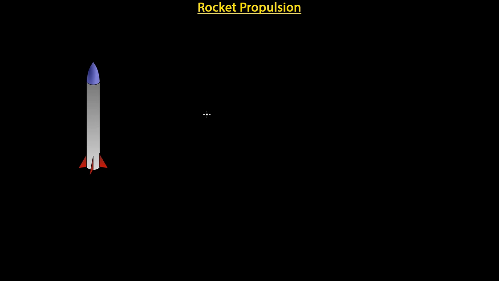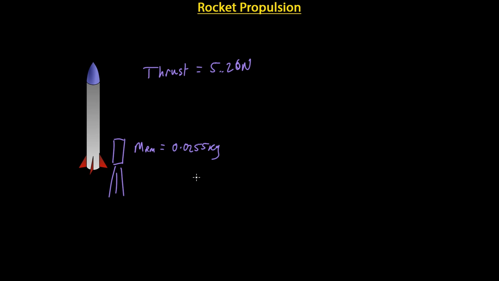So we try one more question. We've got a model rocket here, and the thrust of this model rocket, or the engine of this model rocket, normally the engine's about this size, they're quite small. So the thrust produced by this engine, on average, is equal to 5.26 newtons. The rocket motor has a mass of 0.0255 kilograms.